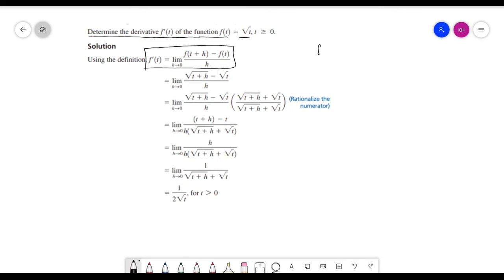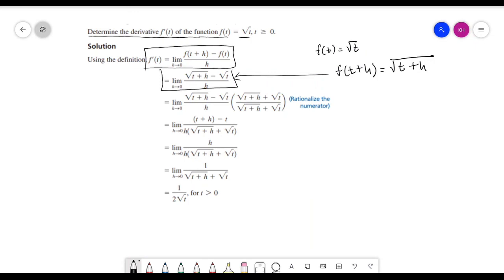So in this case, my f of t would be square root t. f of t plus h would be square root t plus h. Now if you see that, all we did over here was plug these in and then simplify it. Now how do we simplify a function like this? Let's go back to our first lesson where we learned rationalization.